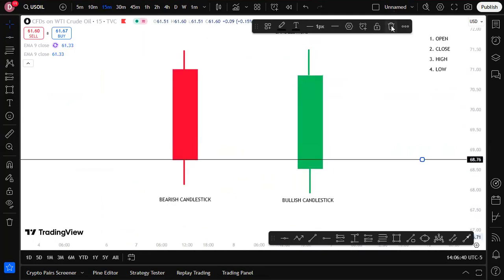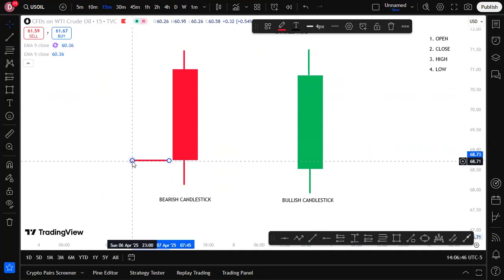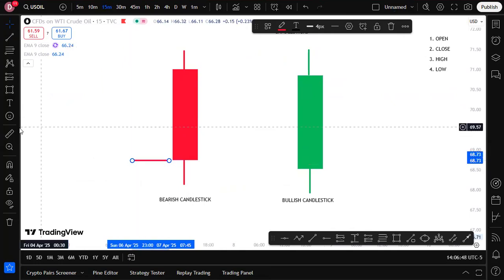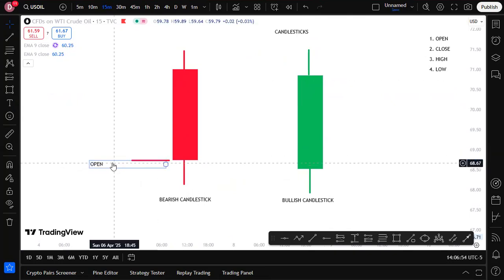This is our open price. At this point here, this is where the price opened. So here is our open price.